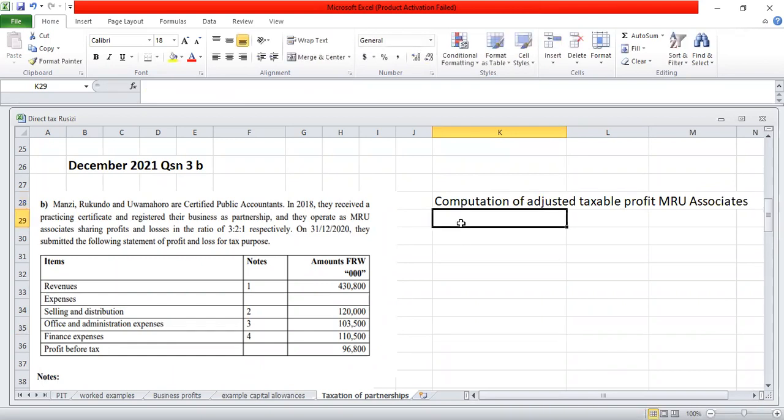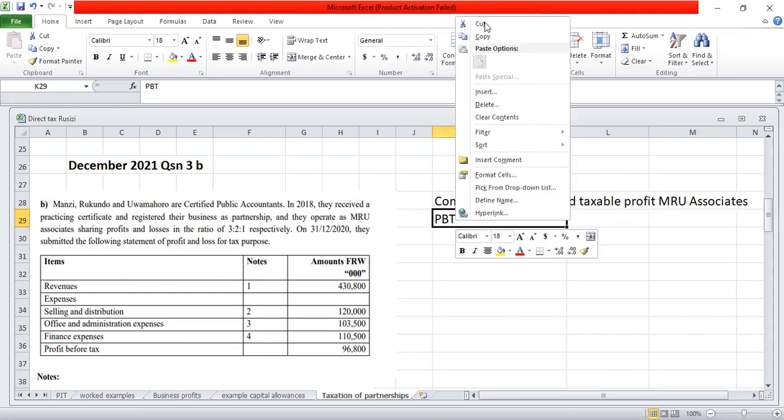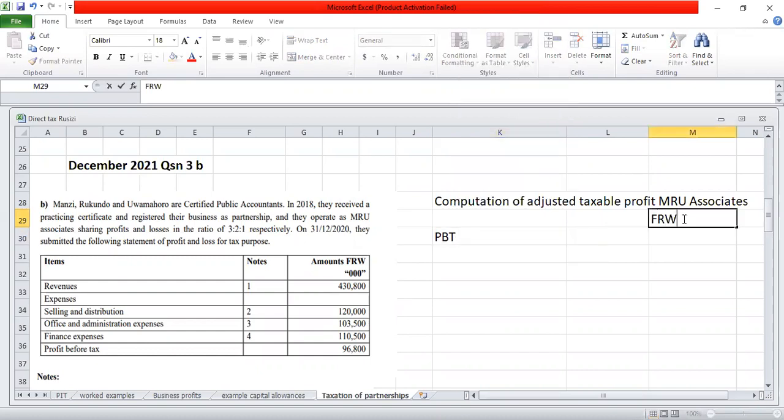So as we said, we begin with our profit before tax, which is, I think we are reporting in francs.